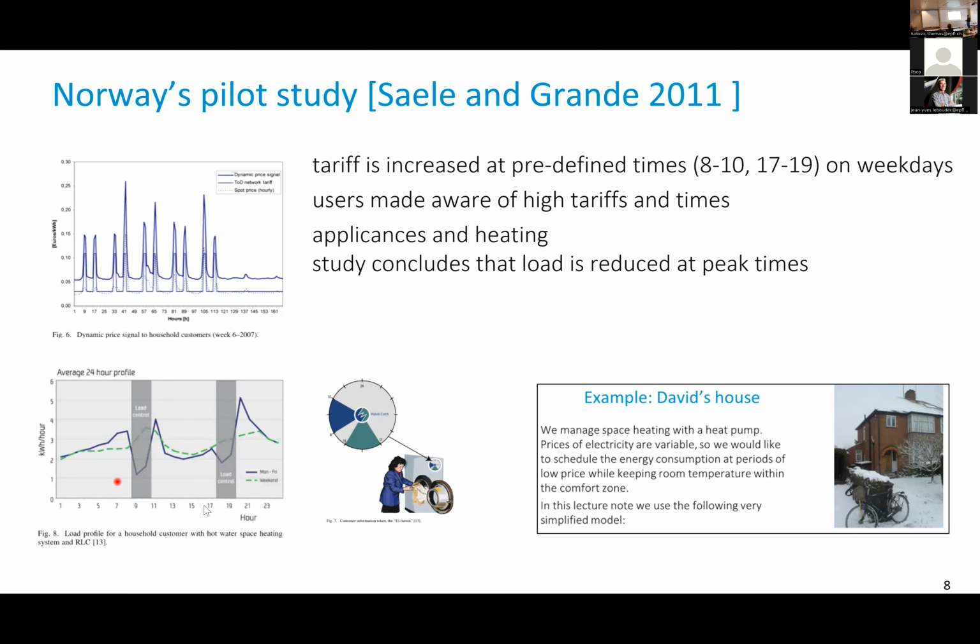I guess it's not the same all year long, where during some periods of time, prices might be higher. And then the prices, which are given here, you see, can become significantly higher. And then users are made aware of this.